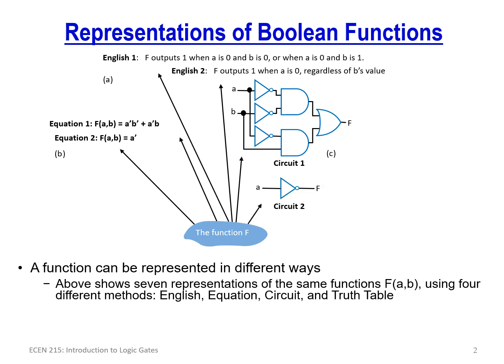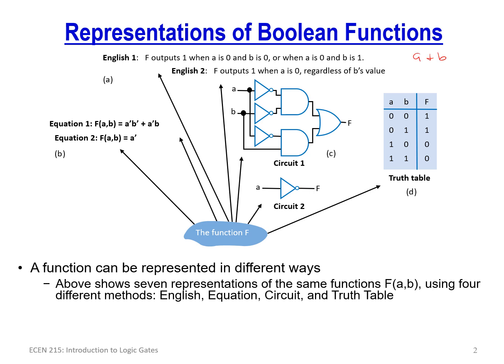And of course, we have the truth table. So here we have the truth table. And a truth table, as we talked about in one of the earlier topics on the Introduction to Digital Design, is all of the various input possibilities, where variables A and B are our inputs.